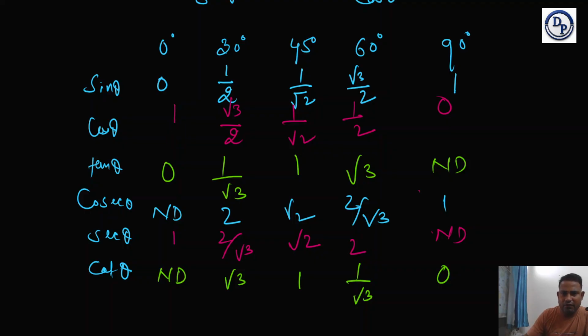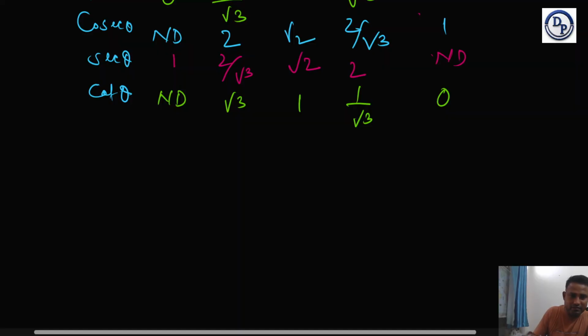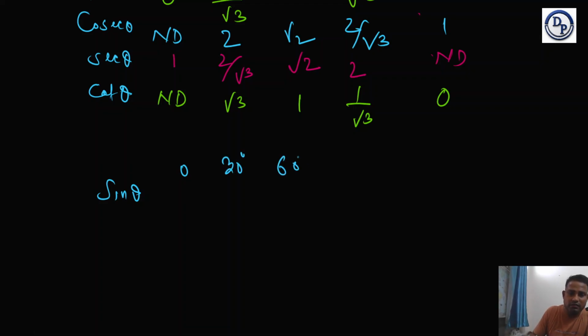Now, how can you remember these values if you forget them in the examination? How can you remind yourself? It's very simple. For sine theta, write 0, 30, 45, 60, and 90.